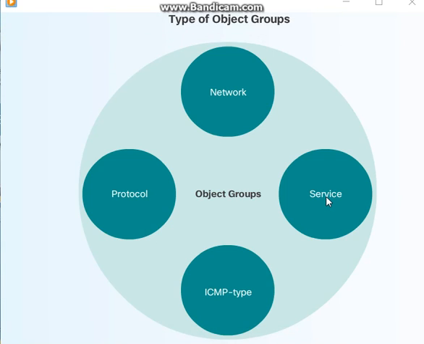A service object name can only be associated with one protocol and port. If an existing service object is configured with a different protocol and port, the new configuration replaces the existing protocol and port with new ones. There are 5 service options. One is TCP, UDP, ICMP v6.